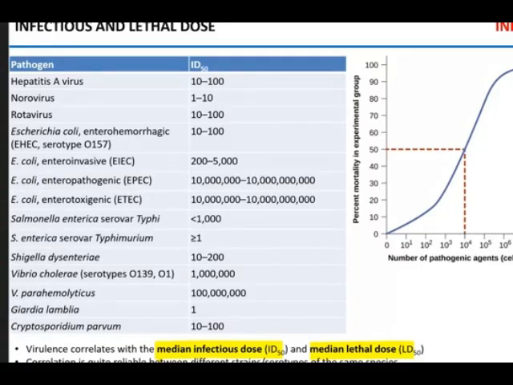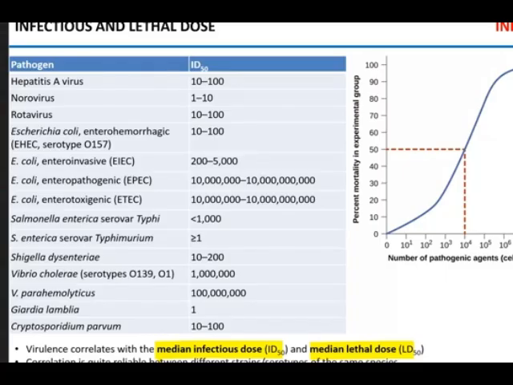And hear me out. First of all, broadly speaking, would you agree that the pathogen that has a smaller median infectious dose seems more dangerous? Give it a thought. So think of it this way.